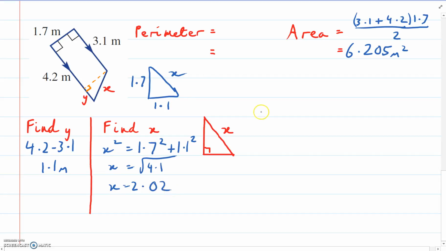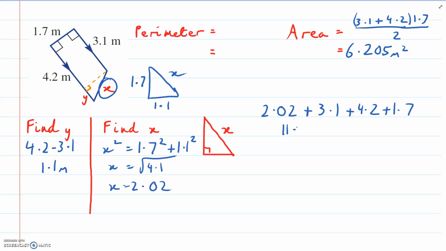We can then add that to all our values, so that's just this length here, 2.02 plus 3.1 plus 4.2 plus 1.7, which is going to be 4, 5, 6, 7, 8, 9, 10, 11 point. Have I missed anything? So that's 9. No, it's not. I think that's right. You might not want to check my working.